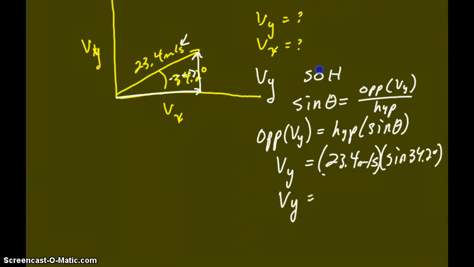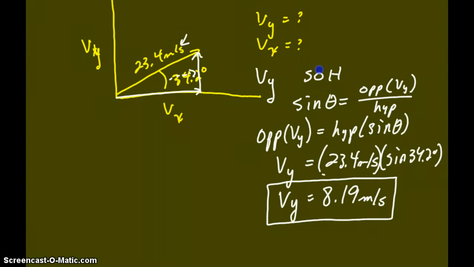Velocity in the Y direction is 8.19 meters per second. So that's the up part. That's the part that gets the ball into the air.